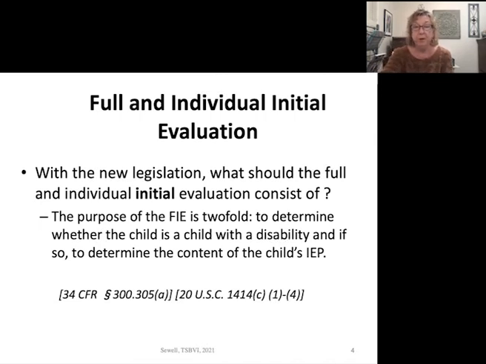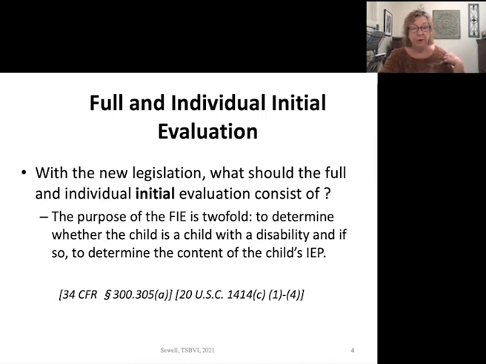A little bit more information about the full and individual evaluation with legislation. What should the full and individual initial evaluation consist of? The purpose of the FIE is twofold. It's to determine whether or not a child is a child with a disability, and if so, to determine the content of the child's IEP.